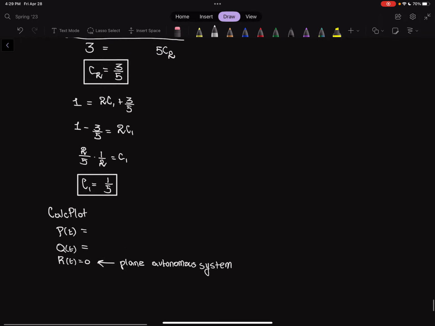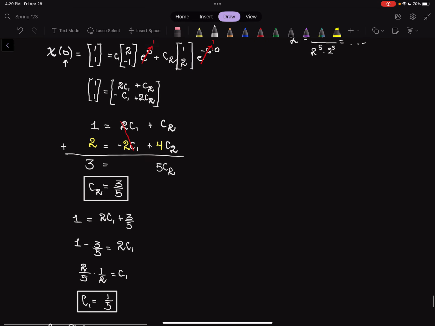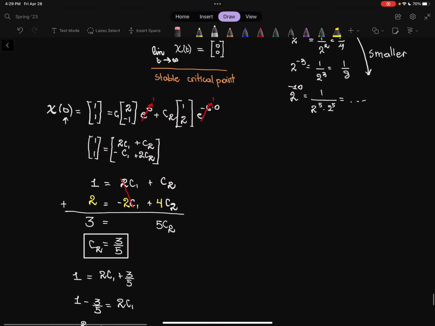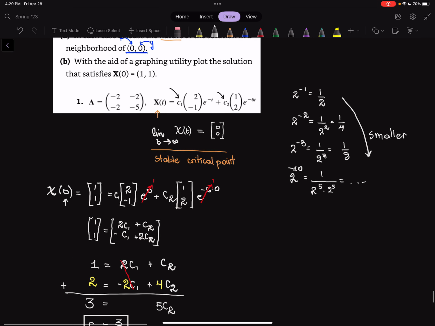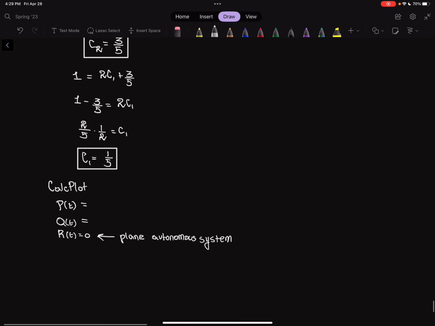So, my P of T is going to be the top equation with the initial conditions. So, C1 times 2 times e to the negative t. C1 is 1/5, so this is going to be 1/5 times 2, that's 2/5 e to the negative t.